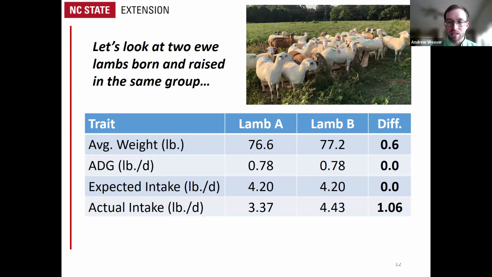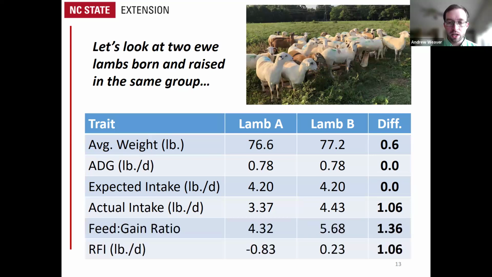If we look at actual intake, lamb A consumed 3.37 pounds per day. Lamb B consumed 4.43 pounds per day. So while they weighed the same amount and gained at the same rate, and their expected intake should be the same, we have animals that are eating a pound less of feed and doing the exact same thing. That's pretty intriguing.